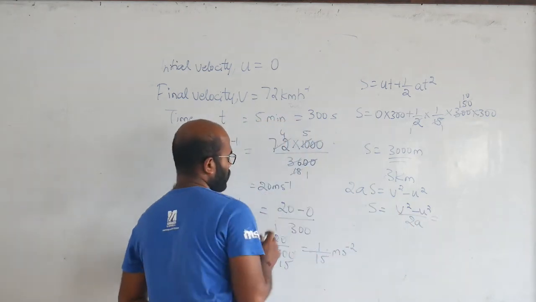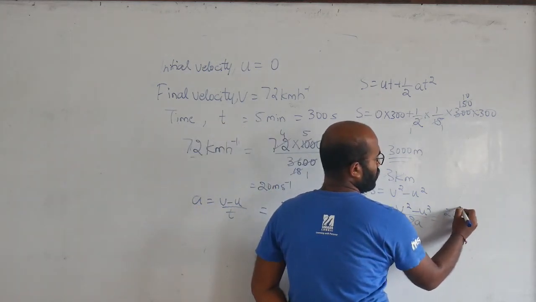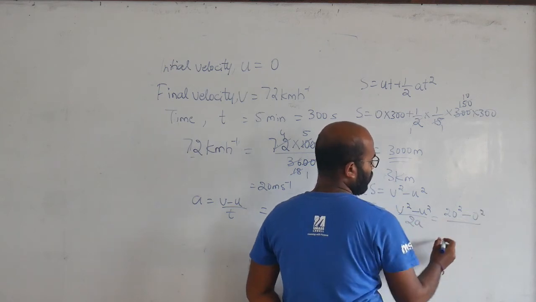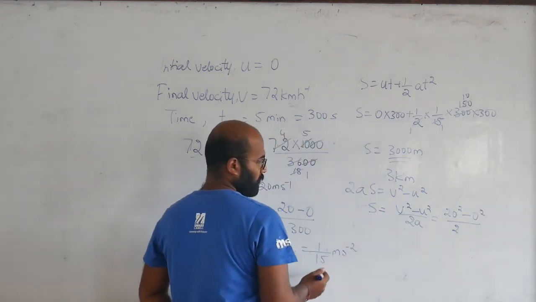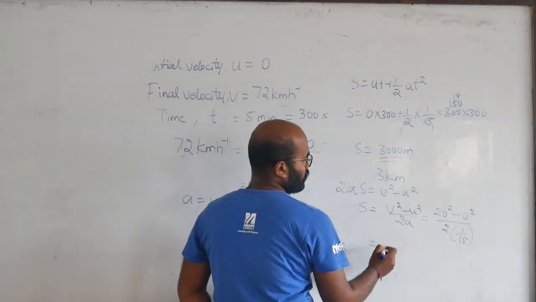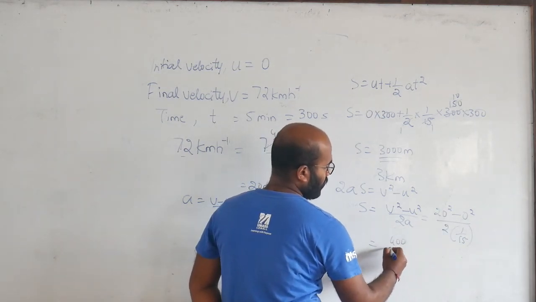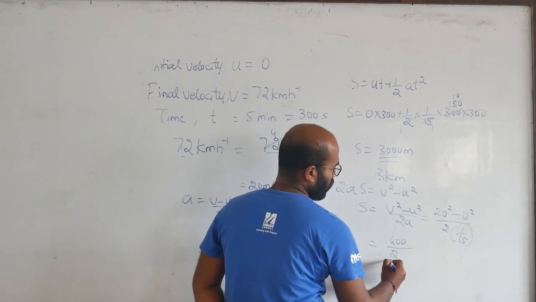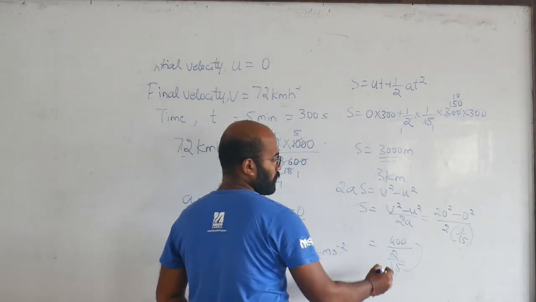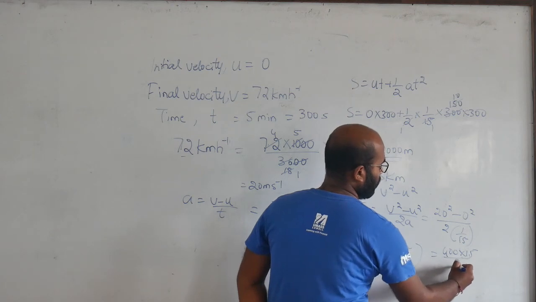V is 20, so 20 square minus 0 square divided by 2 into 1 by 15. 20 square is 400, divided by 2 by 15, so it will be 400 into 15 divided by 2.